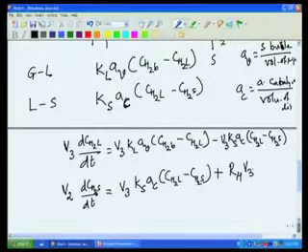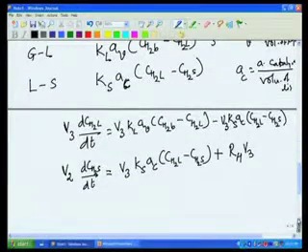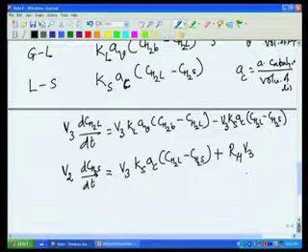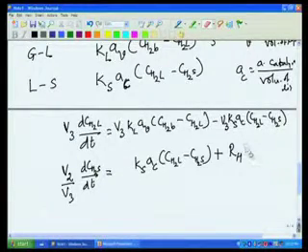If we look at the balance of hydrogen on the solid, we can take V2 by V3 over here. What is V2? V2 is the volume of the catalyst, which will be a much smaller fraction as compared to the bulk liquid.